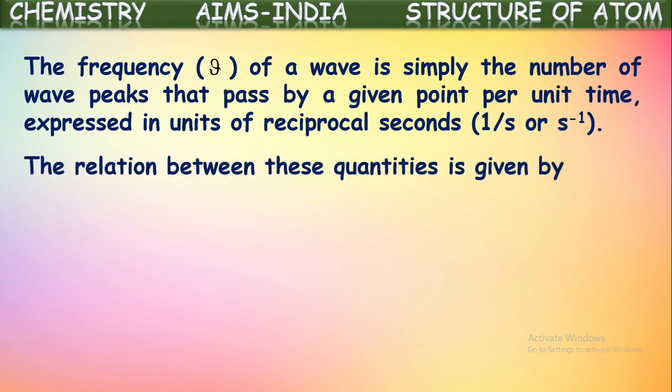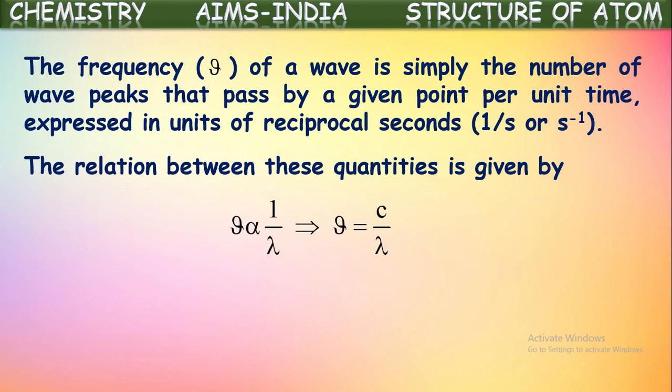The relation between these two quantities, that means the relation between wavelength and frequency: actually, frequency and wavelength are inversely proportional to one another. Mathematically, we can express it like this: nu is directly proportional to 1 by lambda.